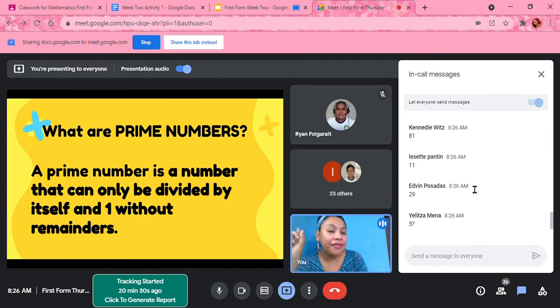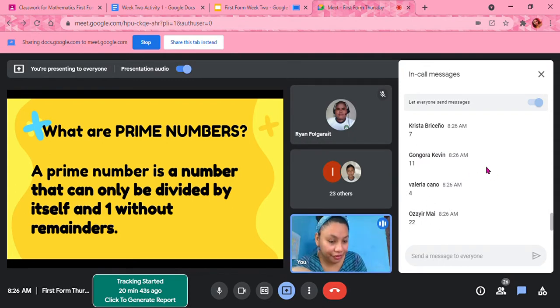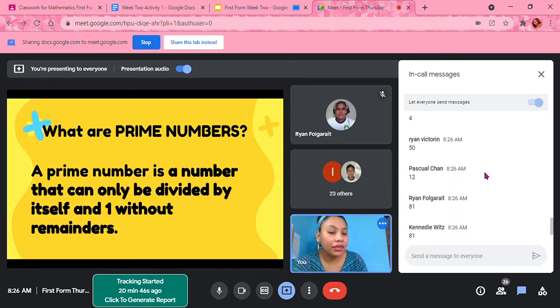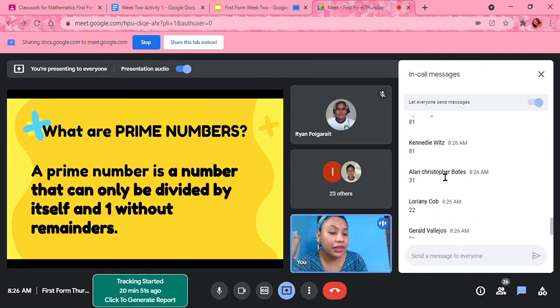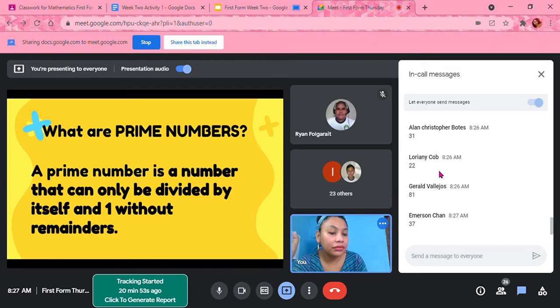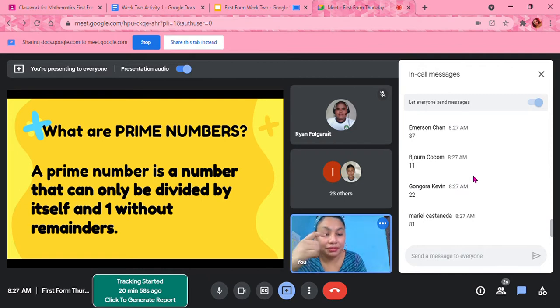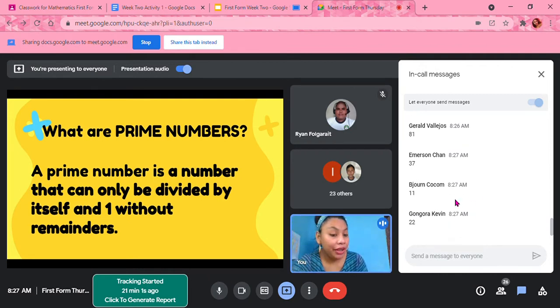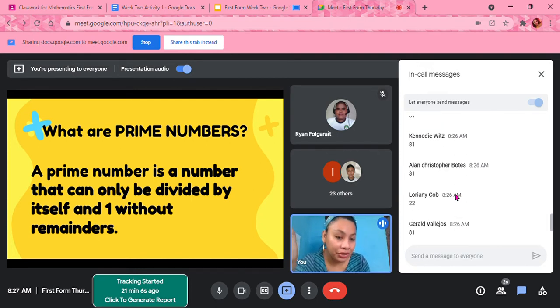So 11 is correct. 29 is correct. 5 is correct. 11 is correct. 7 is correct. 11 is correct. 31 is correct. 37 is correct. 11 is correct. All the other numbers are not prime numbers. So we're going to go back, and I'm going to look at the other numbers right now.